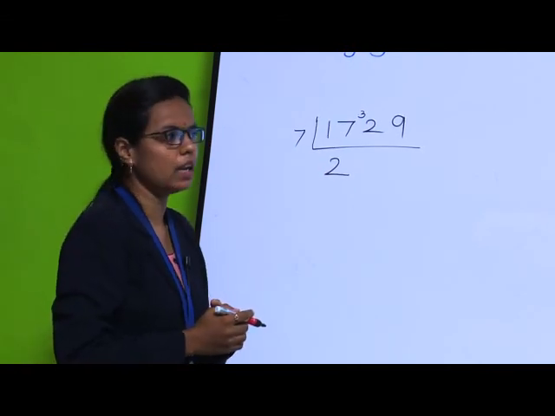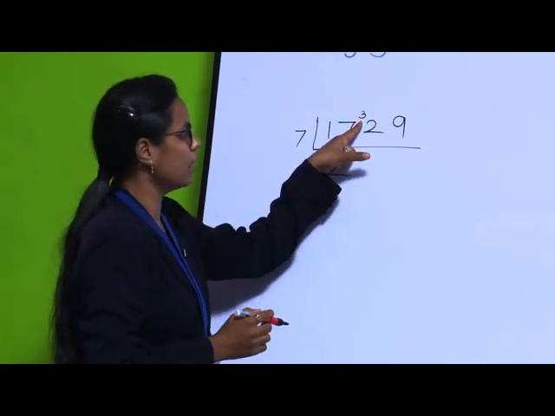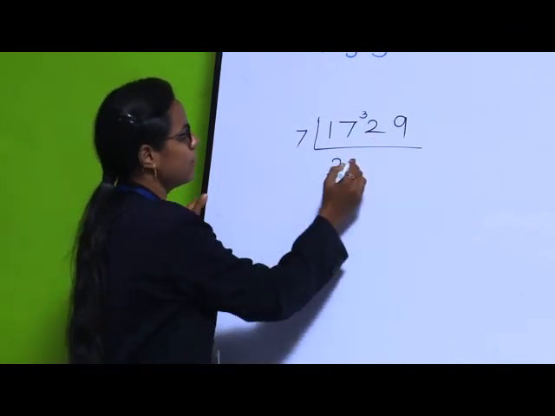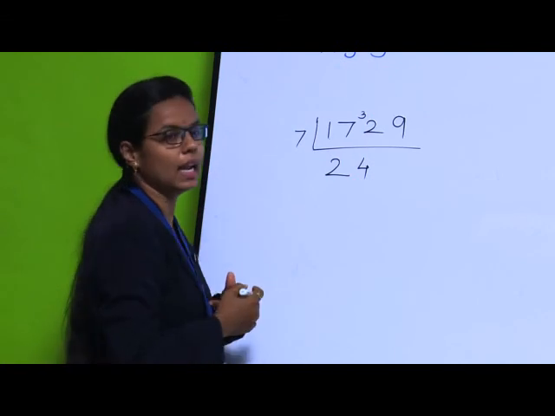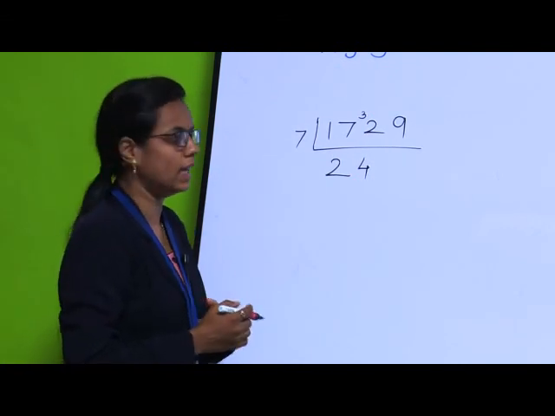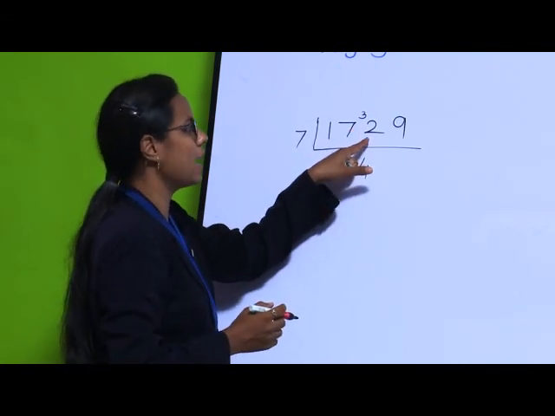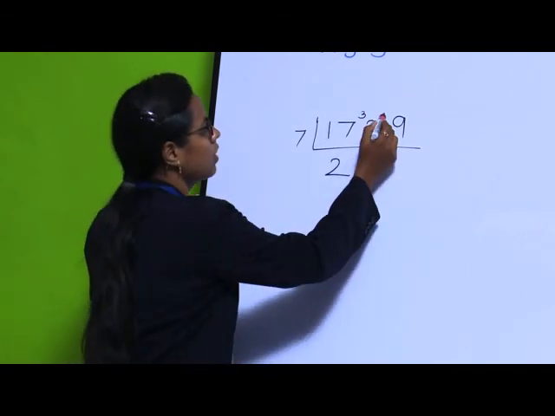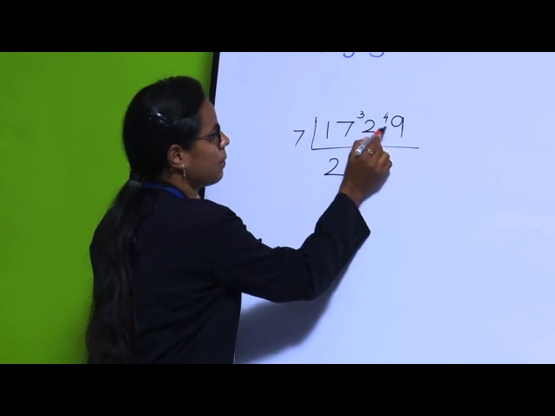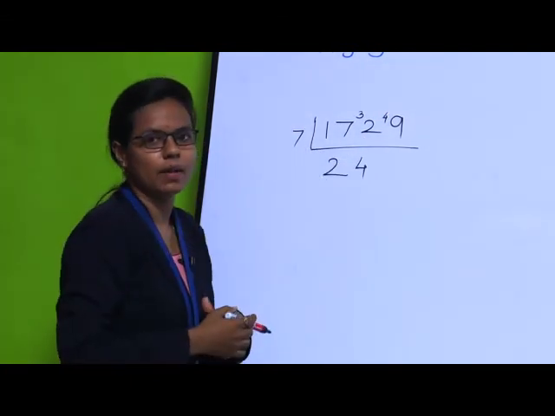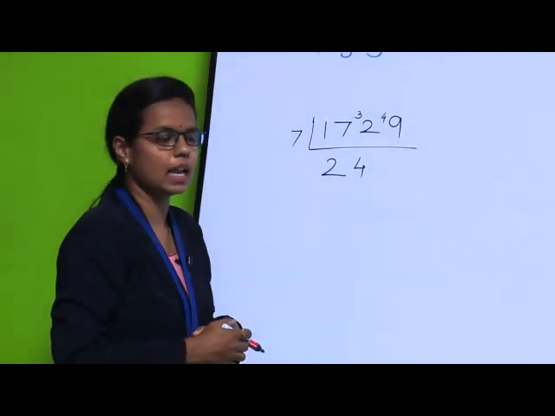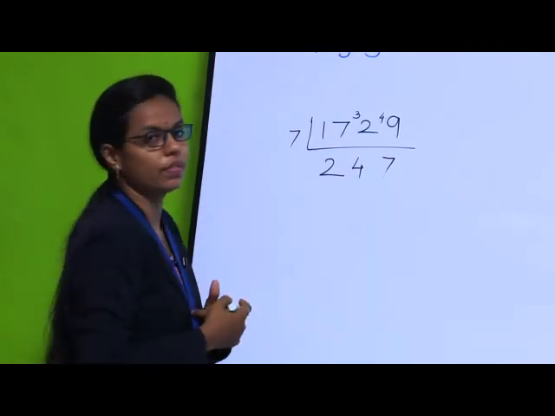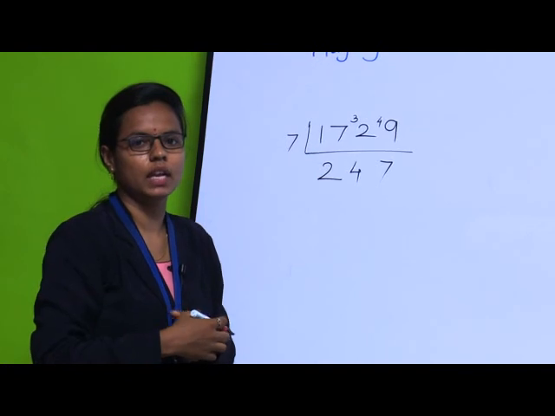Now 7 4s are 28. 32 minus 28 is 4. So, it comes here 4 and the number becomes 49. 7 7s are 49.